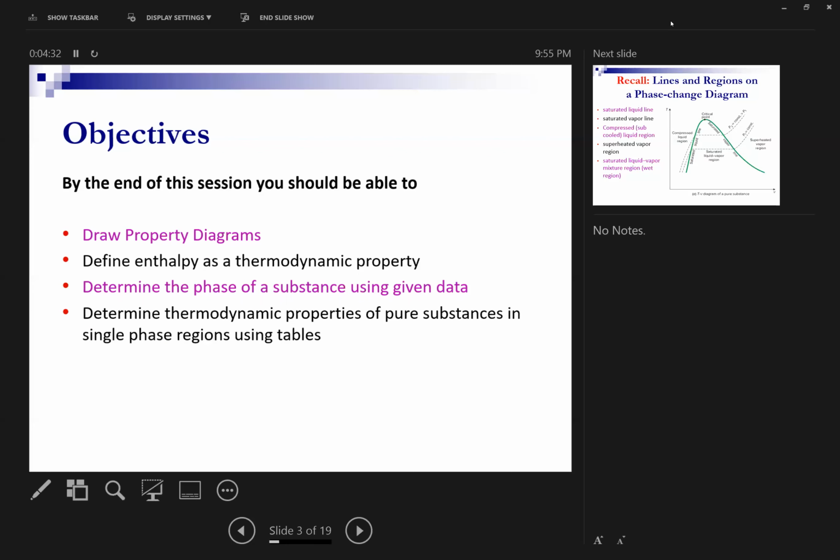By having only these two properties, you should be able to determine if your material is in the subcooled region or is it superheated or maybe a mixture of both, right? That's what you will learn today. And finally, if we find out that a material is in single phase, then by the end of today, you will be able to determine thermodynamic properties of that pure substance, using thermodynamic tables.